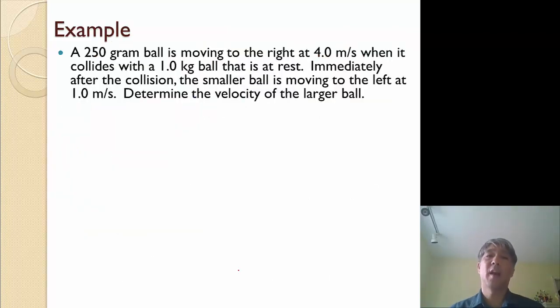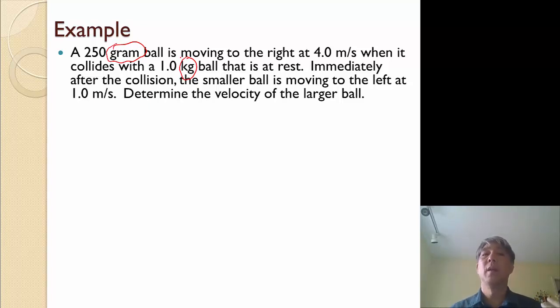So here I have an example. I have a 250 gram ball, so again, careful, because that's not in standard units. The 250 gram ball is moving to the right at 4 meters per second when it collides with a 1 kilogram ball, which is in the correct units, that is at rest.